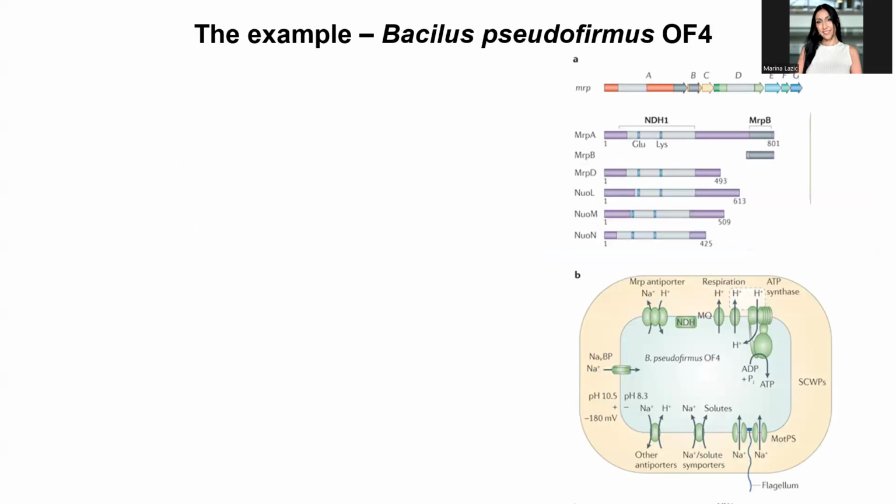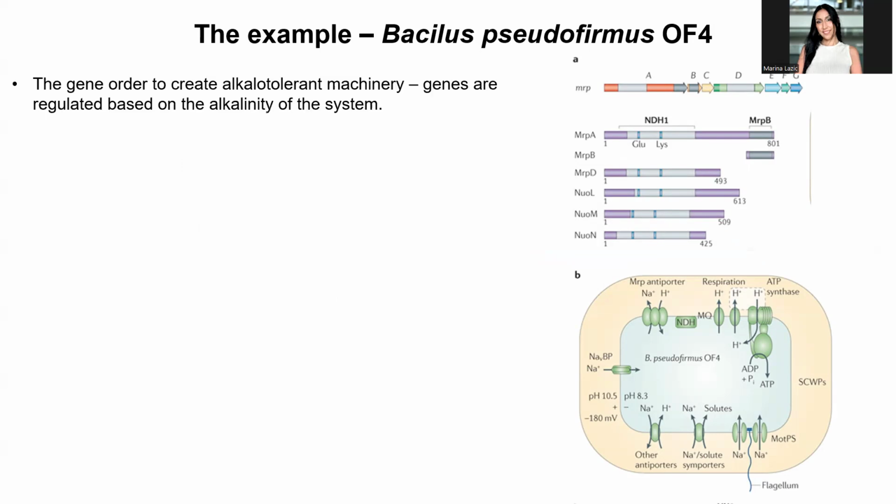An example of an alkaliphilic organism is Bacillus, Pseudofirmus something. Don't memorize it, just know that it's a specific Bacillus. This one has alkalotolerant machinery, so genes are regulated based on the alkalinity of the system.